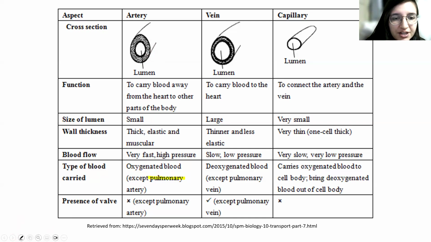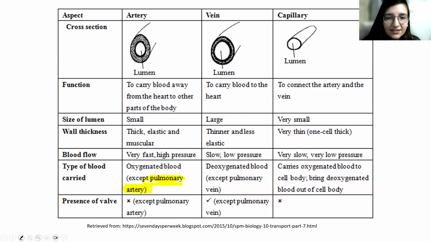The pulmonary artery carries blood away from the heart, but it carries the blood to the lungs, where it gets the oxygen. So only the pulmonary artery is not carrying oxygenated blood. All the other arteries carry oxygenated blood to the rest of the body. The pulmonary artery carries the blood away from the heart to the lungs. That's why the blood is not oxygenated yet.